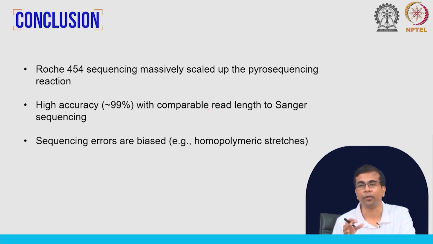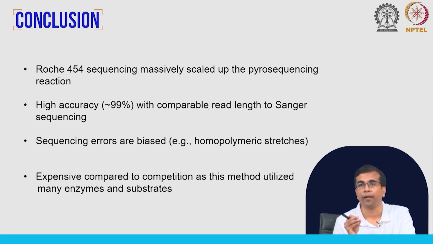We have also seen that these sequencing errors are biased. There are homopolymeric stretches where this method does not perform that well and you get a higher error rate. Because it was more expensive than the competition, the method was stopped, but nevertheless it had a huge impact.